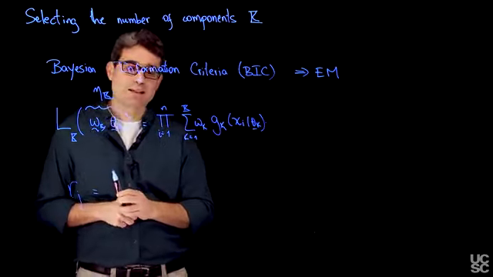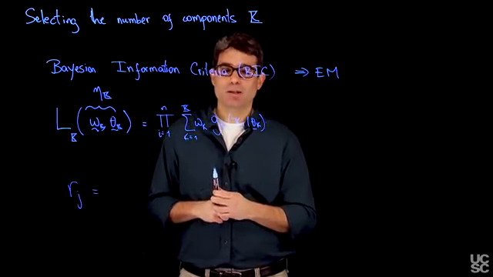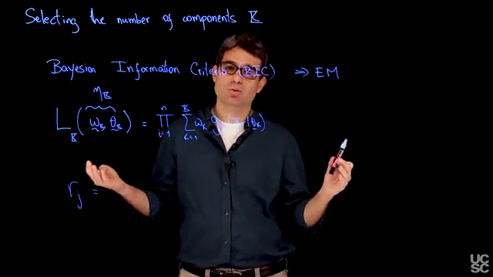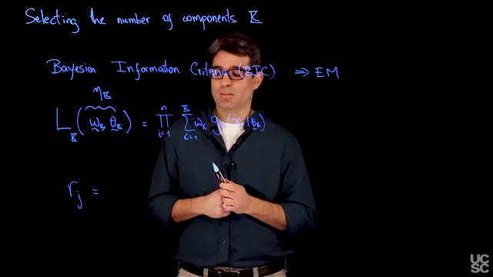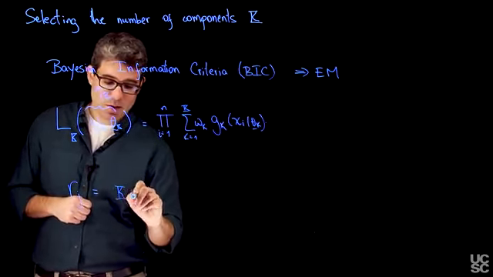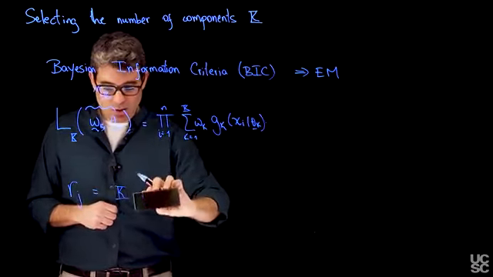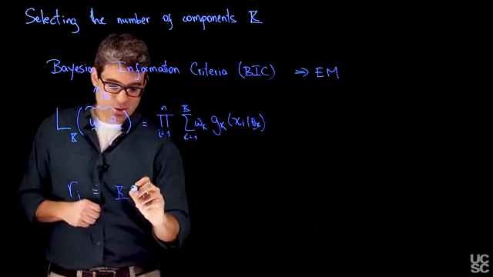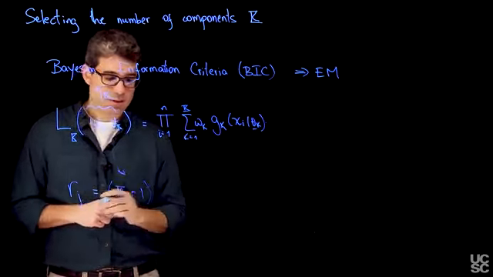So omega has length capital K, but those parameters are not all independent. Remember that those parameters need to add up to 1 because they represent the weights in the model. So therefore, we have capital K minus 1 independent parameters that come from this piece.